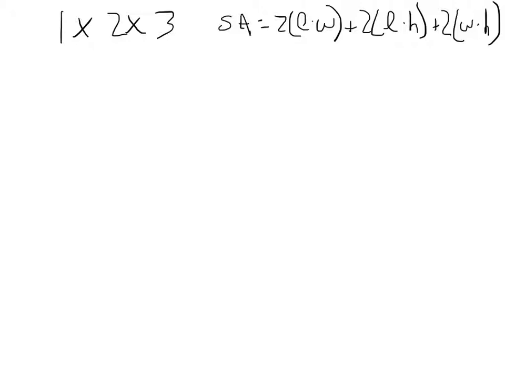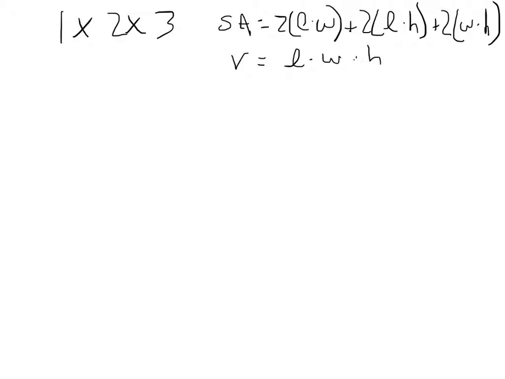All right, and so when you plug 1, 2, and 3 into that formula, that will give you the surface area of the original shape. Then the next formula you're going to use for the volume column is volume equals length times width times height.